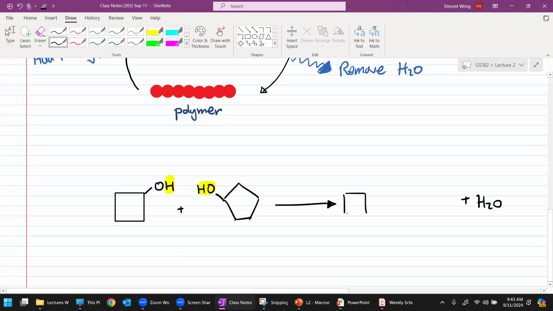I'm gonna have the square. I'm gonna have the O. This O is this O, right? I'm gonna draw it in red so you know. This O is this O. And then it's going to connect to the pentagon, right? You guys got that? Okay.